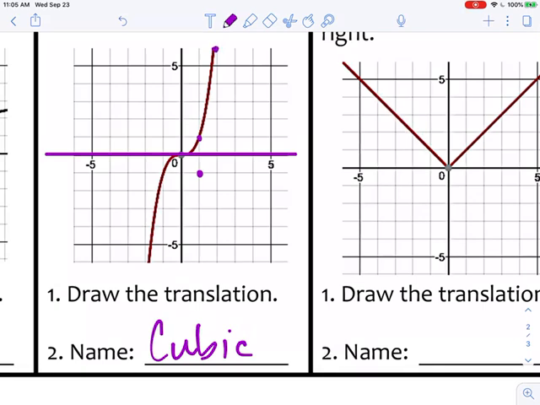I might take this point up at the top and go, that's 1, 2, 3, 4, 5, 6 units away. 6, and we're just a little inside. So we're just kind of trying to mirror image this graph. Same thing here. I'm going to flip that point to here, and then we'll have the same thing. We're going to go 6 up, and it's going to be a little bit inside that line. And then we can draw our reflected cubic.